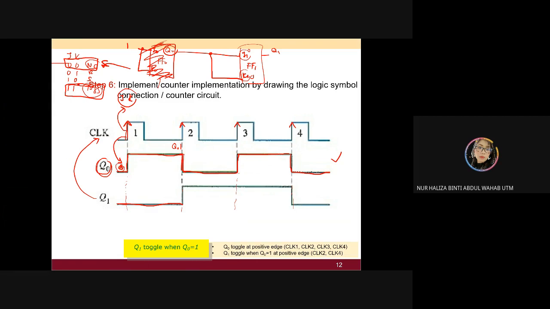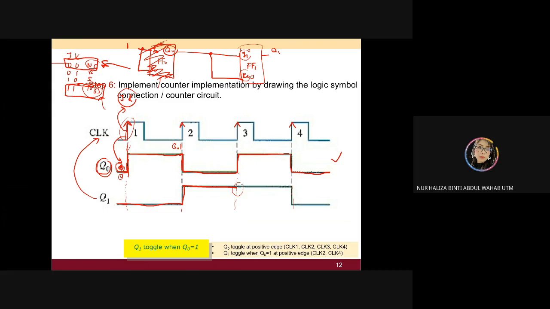At this specific line, you can have 0 and 1 together. But before it's up, your positive clock already triggered. That's why you assume your value is 0. Here will be 1. Because it's 1, you're going to toggle. You're going to toggle until you meet another positive clock here. Stop at this positive clock.